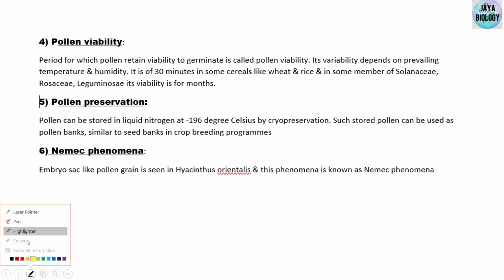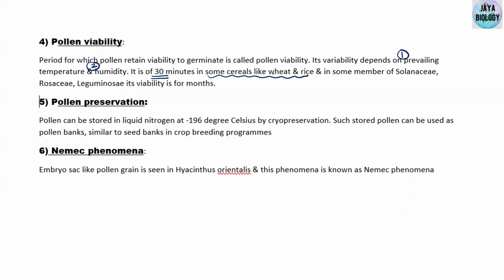Pollen viability is also changing. We say pollen viability depends upon the temperature and the humidity. It is 30 minutes only in some cereals like wheat and rice. But it is for months in members of Solanaceae, Rosaceae and Leguminosae. Please learn carefully.